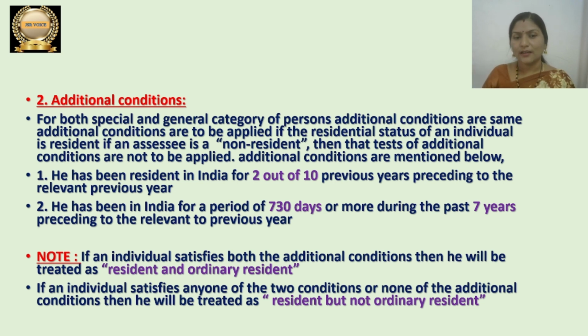And next, what are the additional conditions? Two are there actually. First one: he has been resident in India for 2 years out of the 10 previous years preceding the relevant previous year. What is our present previous year? 1st April 2023 to 31st March 2024.